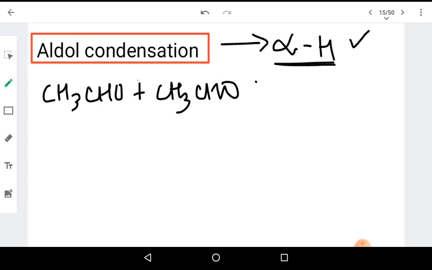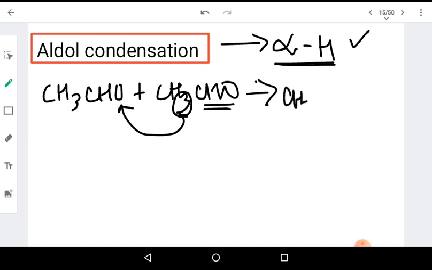Okay, so what am I going to do? This is the carbonyl carbon. From the carbon adjacent to the carbonyl carbon, I am going to take out one hydrogen and attach that on the oxygen. This is not the mechanism, this is a trick. Okay, from the carbon adjacent to the carbonyl carbon, we have to take out a hydrogen and substitute it on the oxygen. And now you have to write it as a single molecule.